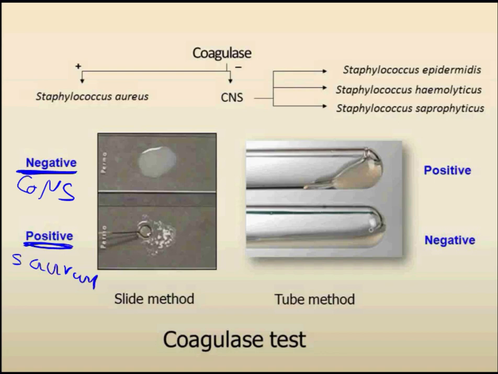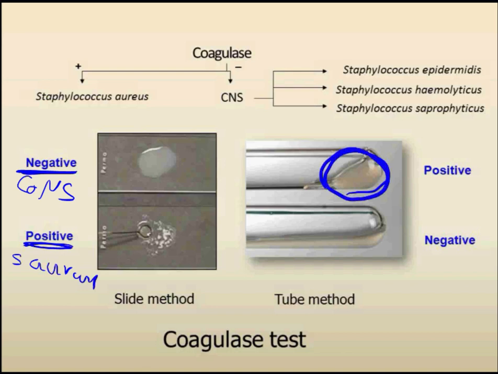The tube method is done on tubes by adding a broth of the microorganism. Then we add diluted plasma over it, and we put the tube in the incubator for 4 hours or overnight at room temperature. After that, we examine the tube for any clot formation.